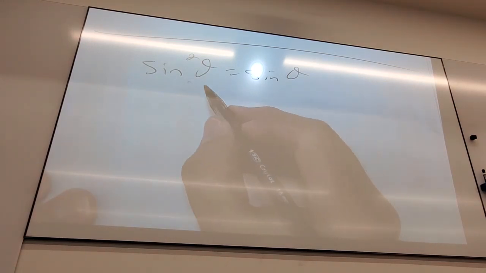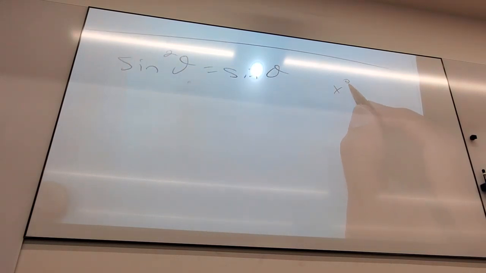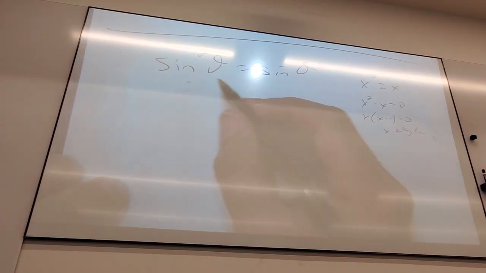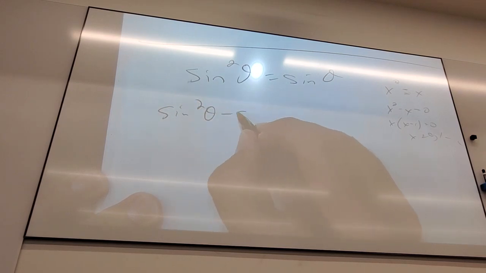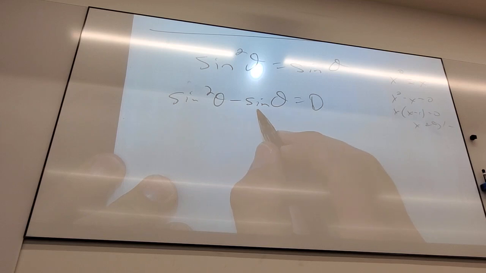If I want to solve this equation, I can't divide by x. So I subtract x, and then I factor, and then I get my 2 answers, 0 and 1. So what do I do here? Same thing. You can do it, Jeff. What comes out of these two? Sine.